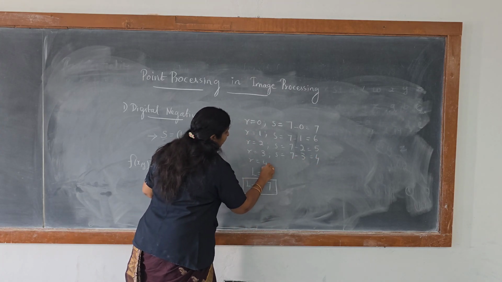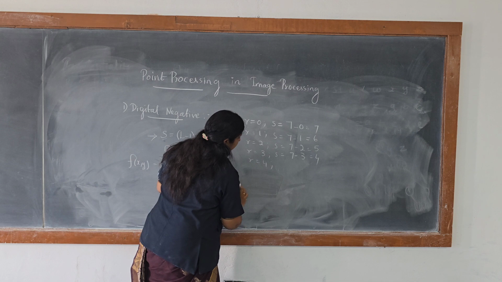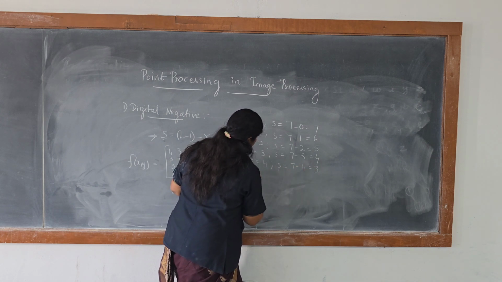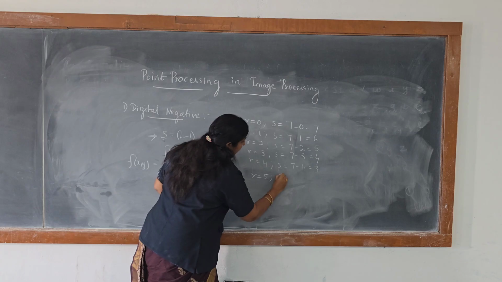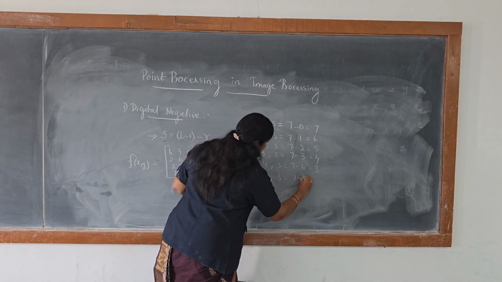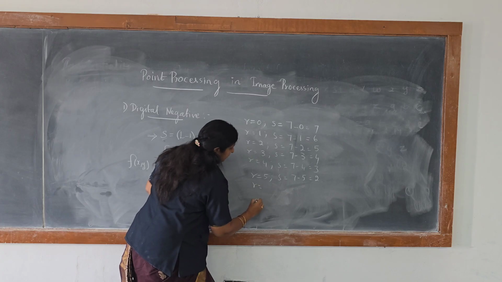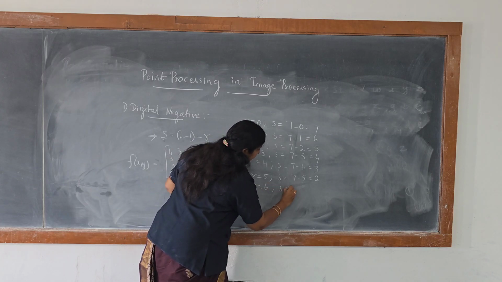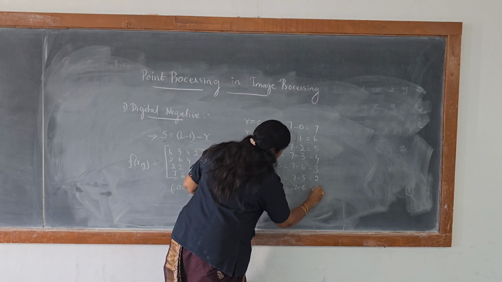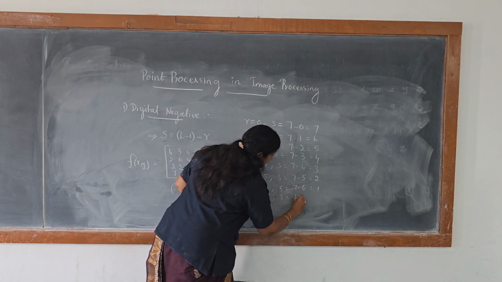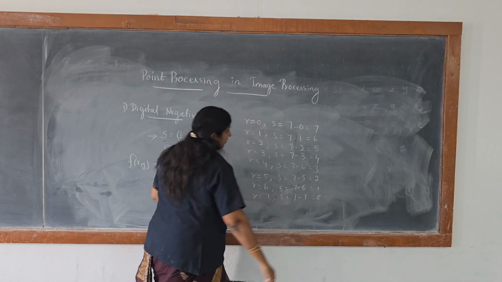If R equal to 4, then S is equal to 7 minus 4, that is 3. If R is equal to 5, S is equal to 7 minus 5, that is 2. If R is equal to 6, then S is equal to 7 minus 6, that is 1. If R is equal to 7, S is equal to 7 minus 7, that is 0.